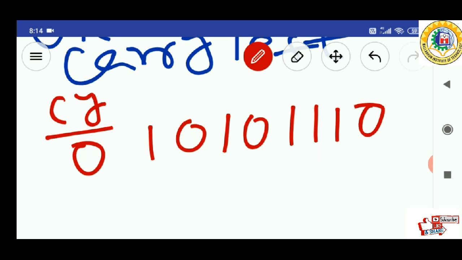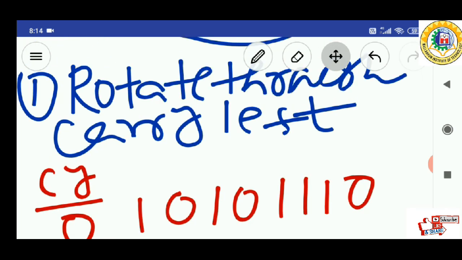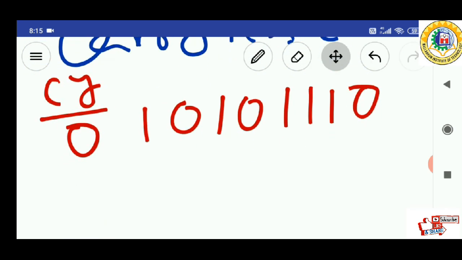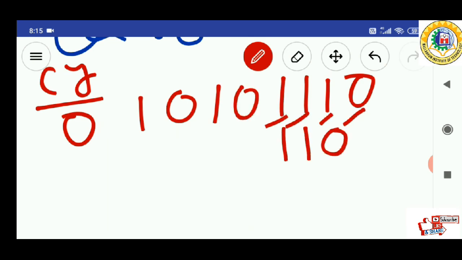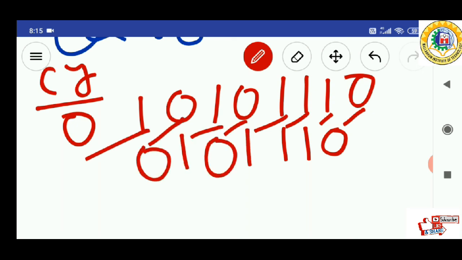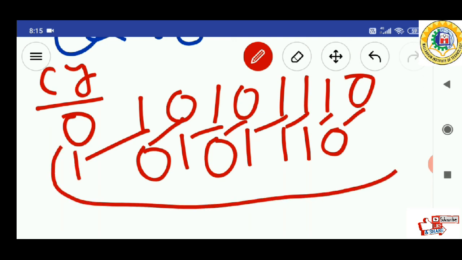Whenever we want to perform the operation rotate through carry left, we shift the data with the carry. So this 0 will come up here, this 1 comes up here, this 1 comes up here, this 1 comes up here, this 0 will come up here, this 1 will come up here, this 0 will come up here, this 1 will come up here, and this carry will also come up here.